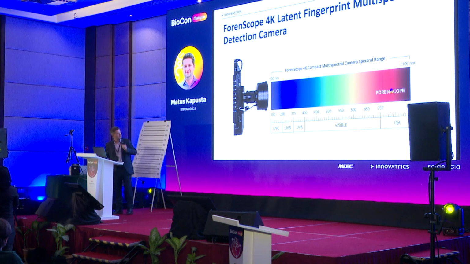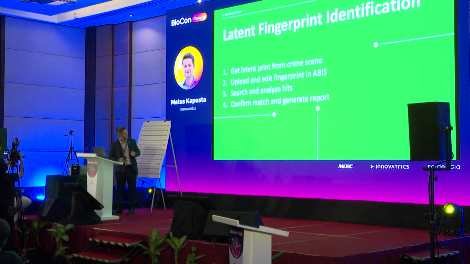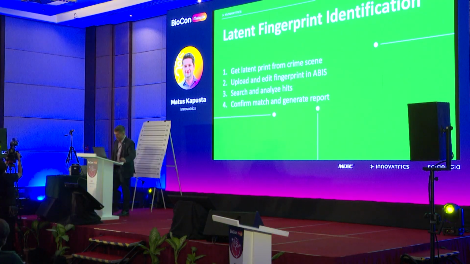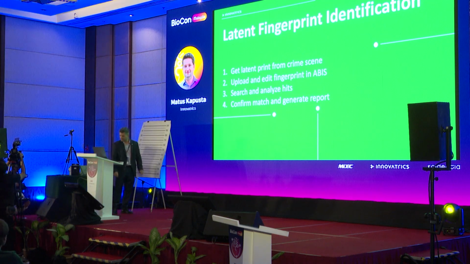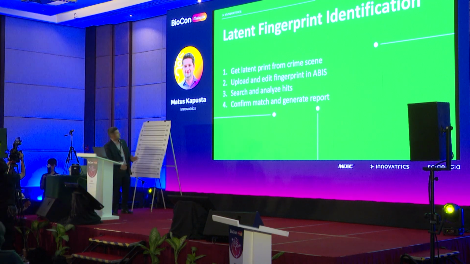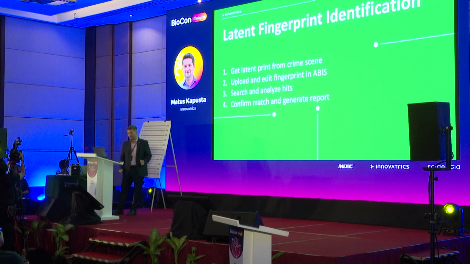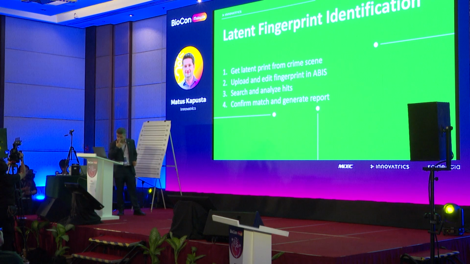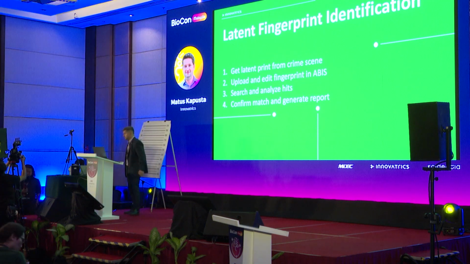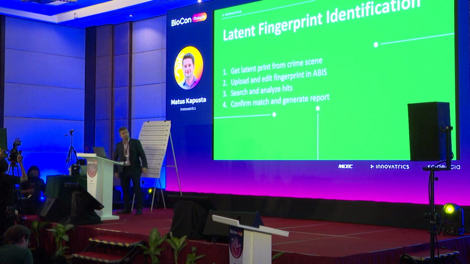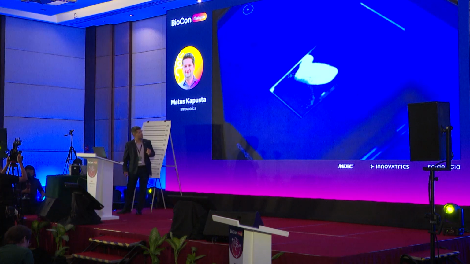So now we will try to use that high-tech device to get the latent print from the crime scene. We will upload it to the ABIS. Then we will analyze it and use it for search, and then we will confirm the match if the hit is found. So please, can you put the camera on screen?